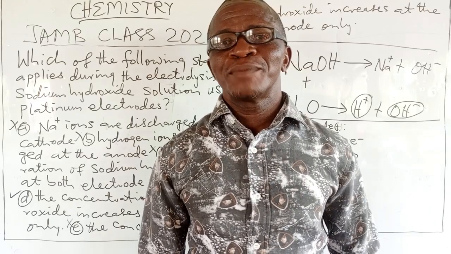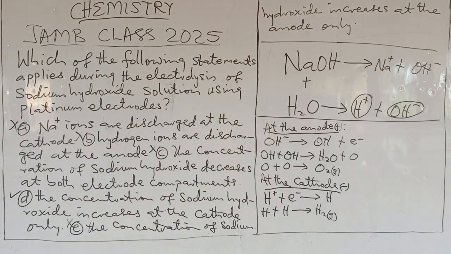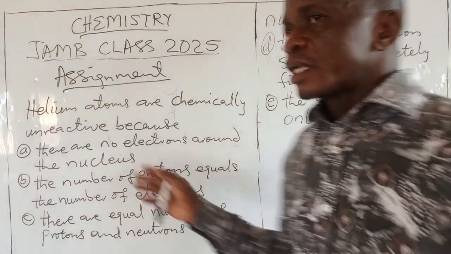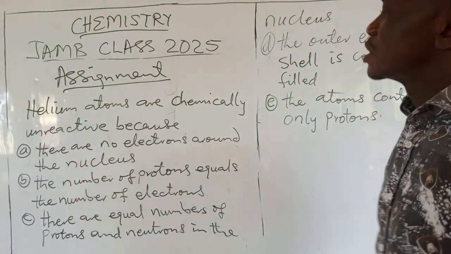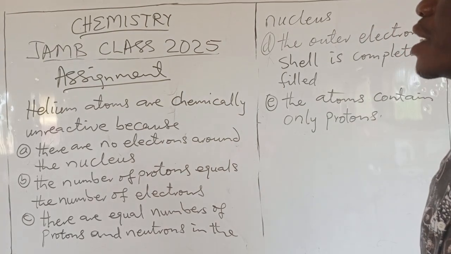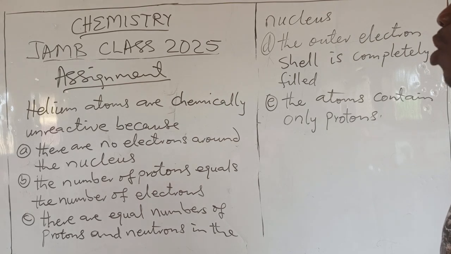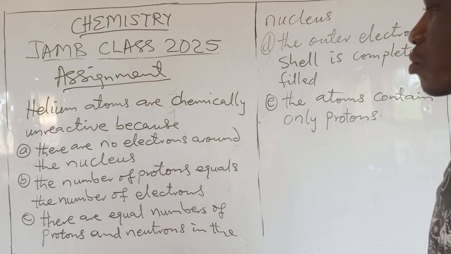Now let me give you a problem to solve. Now your assignment. Helium atoms are chemically unreactive because A, there are no electrons around the nucleus. B, the number of protons equals the number of electrons.